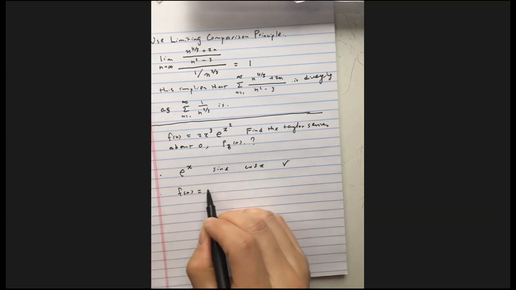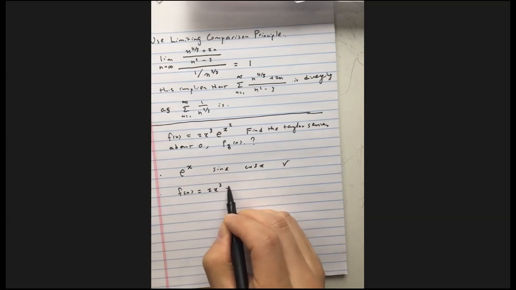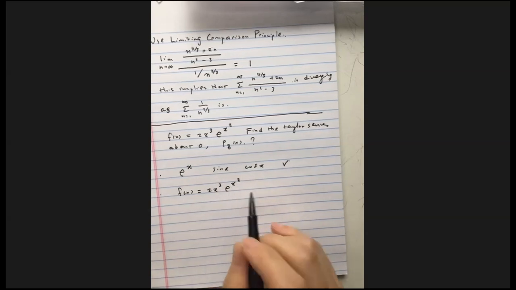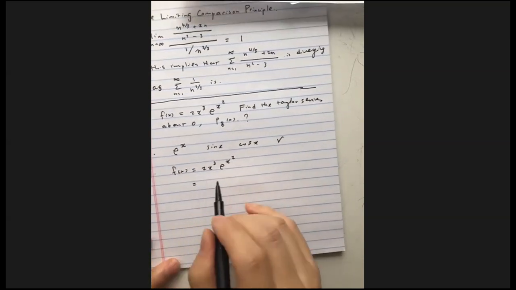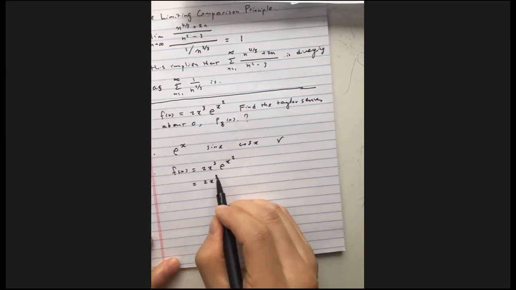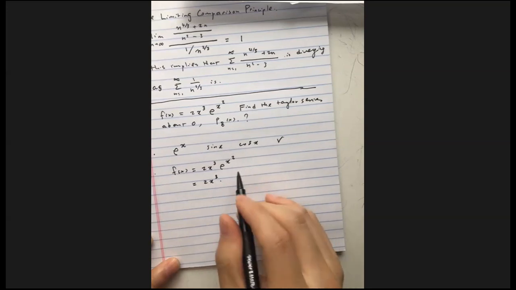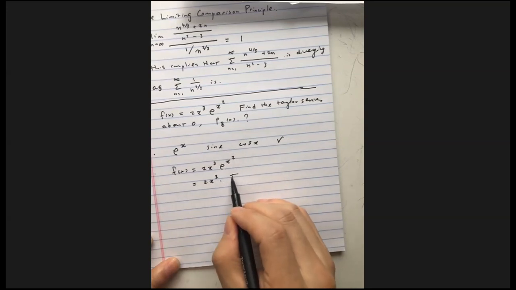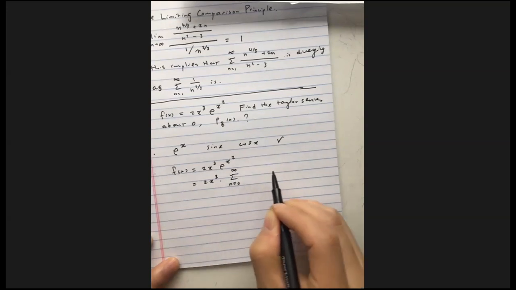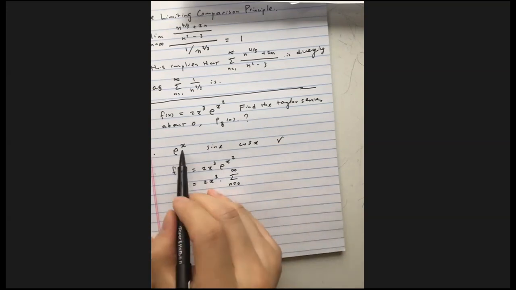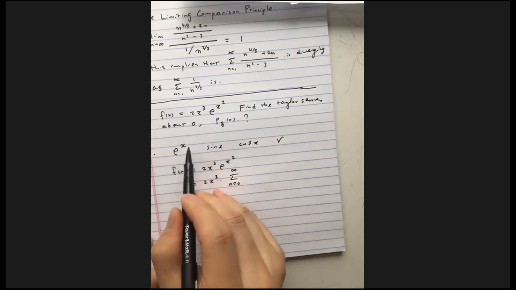f(x) equals 2x cubed e to the x squared, which equals 2x cubed times the Taylor polynomial for e to the x, given by the summation as n goes from 0 to infinity of x to the nth power over n factorial.